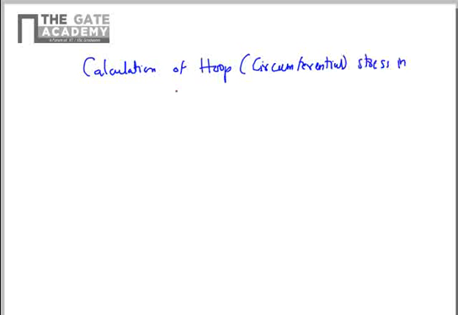Before going forward to the numerical section, we will consider one final topic in the theory, that is calculation of hoop stress, also the circumferential stress in simple words, in the rim of an arm type flywheel.